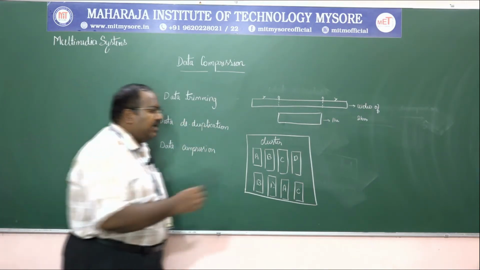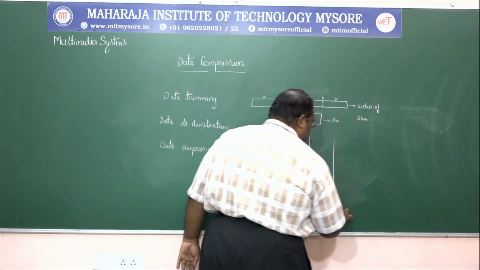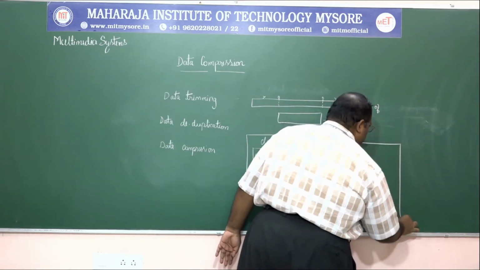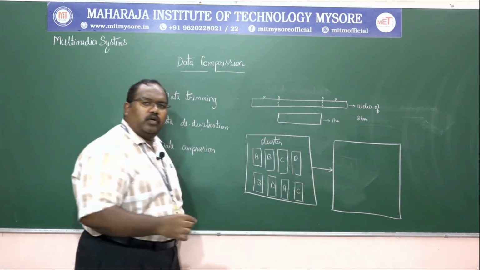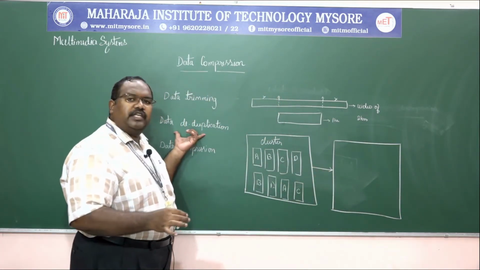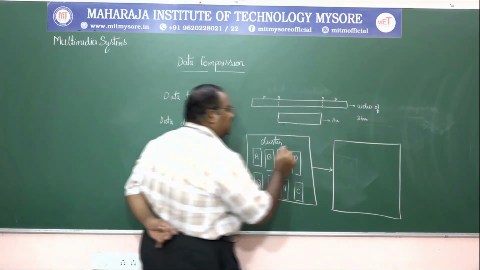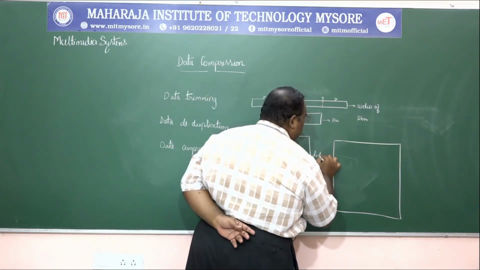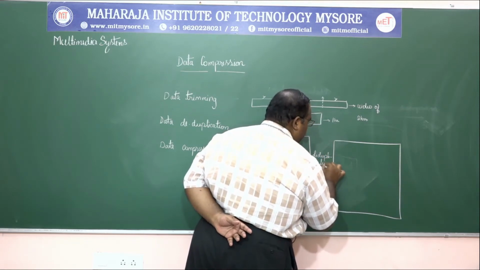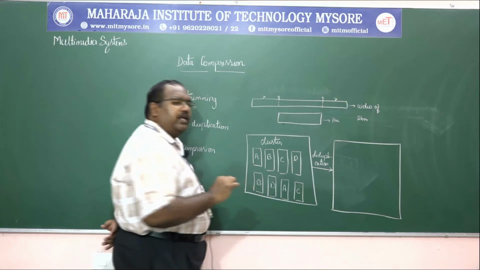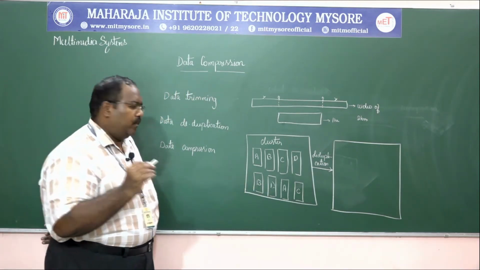Now what is this? In the next cluster, here it's a process. What is this process? This process is the deduplication process. Now what am I doing? I am removing the duplication.